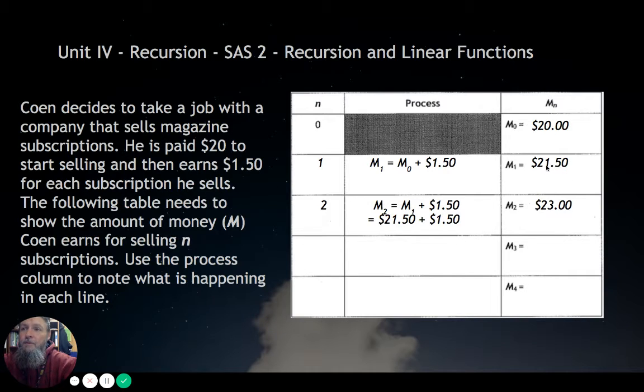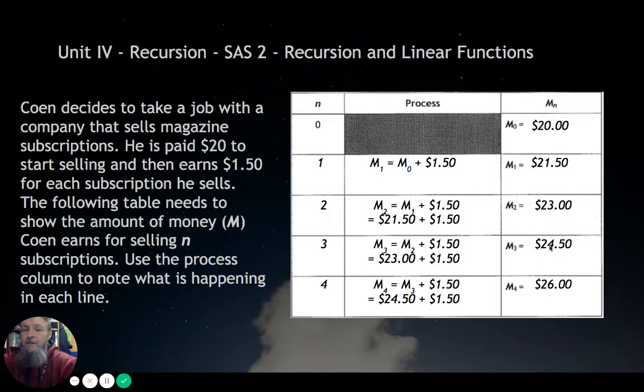We've already determined M subscript 1 is $21.50, so we add $1.50 to that, and that gives us $23. And we follow this process. For 3, M subscript 3 equals M subscript 2 plus $1.50. M subscript 2 is described in the last row. That's $23, plus D, which is $1.50, becomes $24.50. And we follow this process all the way through.